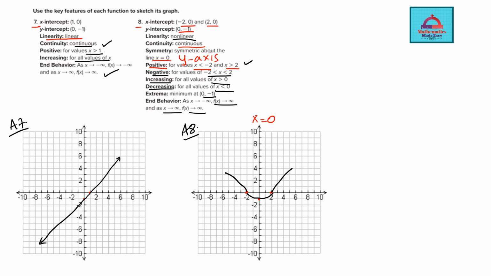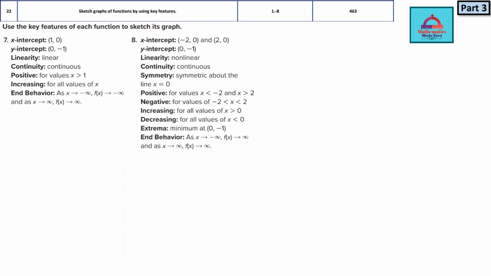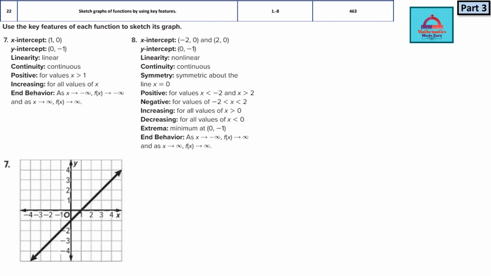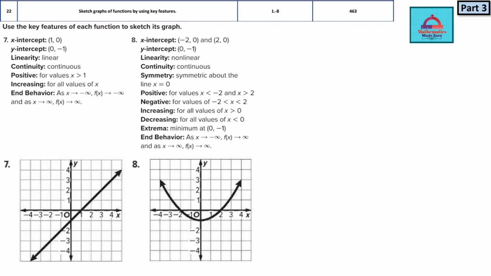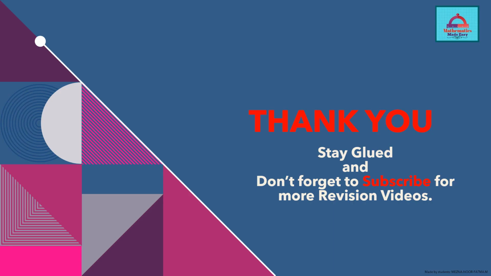So yes, this is the parabola and correct graph for answer 8. The answer key for the last two questions 7 and 8 on learning objective 22 is the following. If you observe, question 7 has a graph which is linear and question 8 has a graph which is non-linear or parabola. Brings us to the end of today's video, which was based on part 3 learning objective 22.